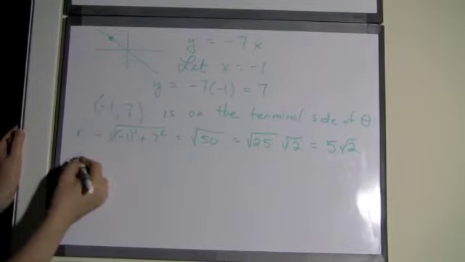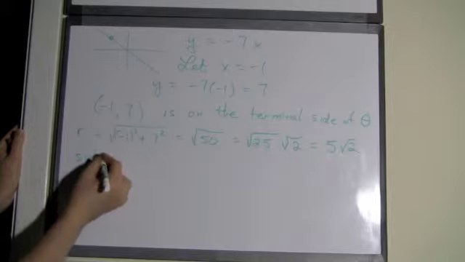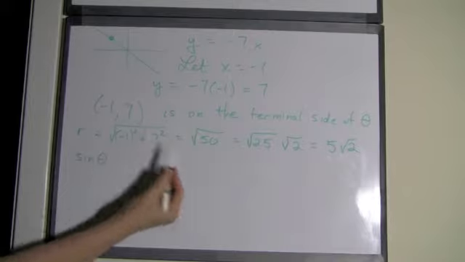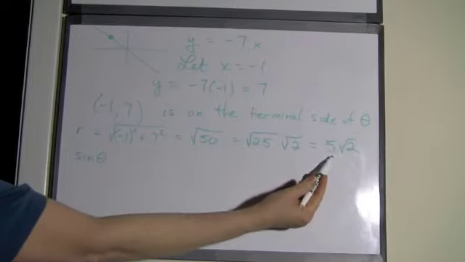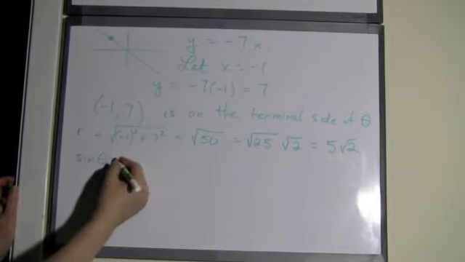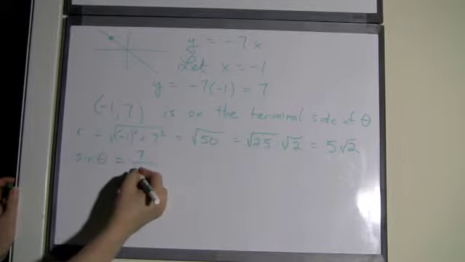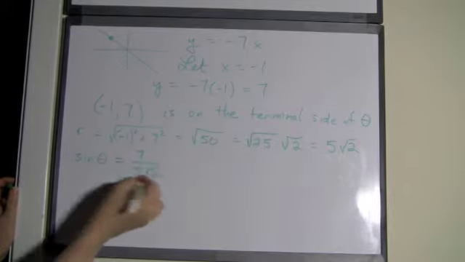We know that the sine of theta, by definition number 1, is equal to y over r. Our y value is 7 and our r is 5 square root of 2, so y over r is 7 over 5 square root 2.